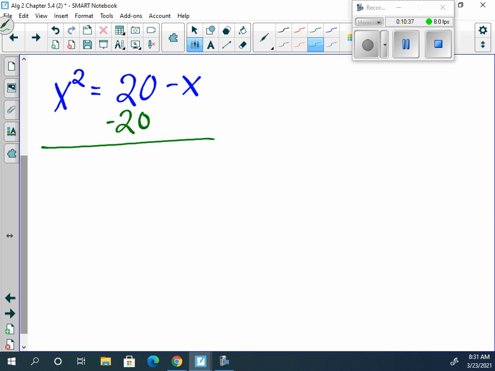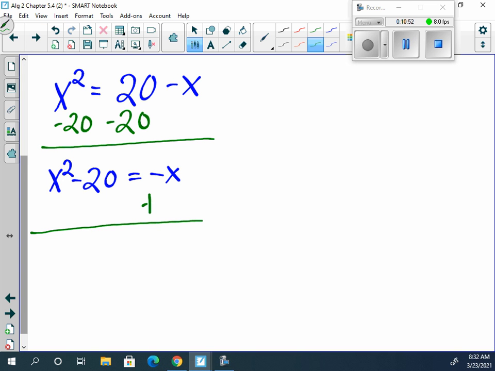So we can subtract 20 first, which would give us x squared minus 20 equals negative x. Then what can we do? We can add the x to both sides. x squared plus x minus 20 is equal to 0.